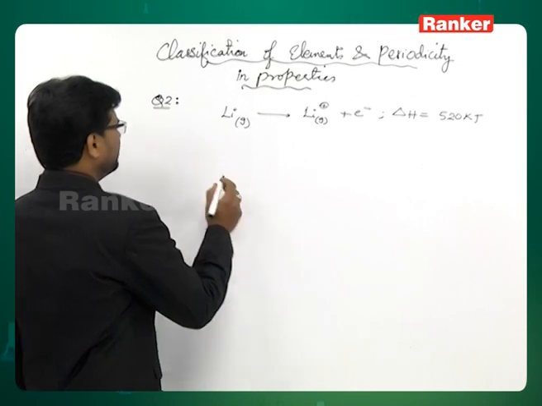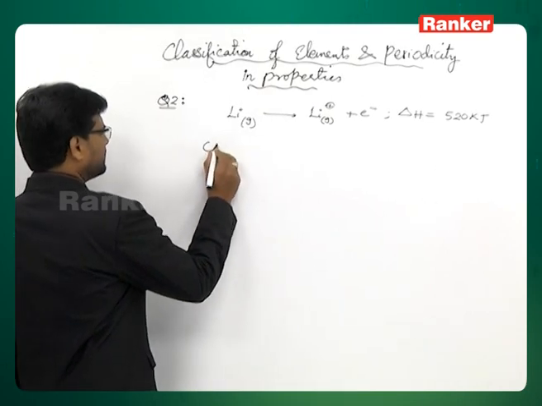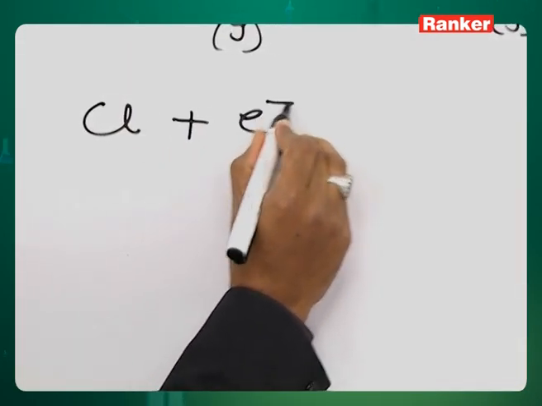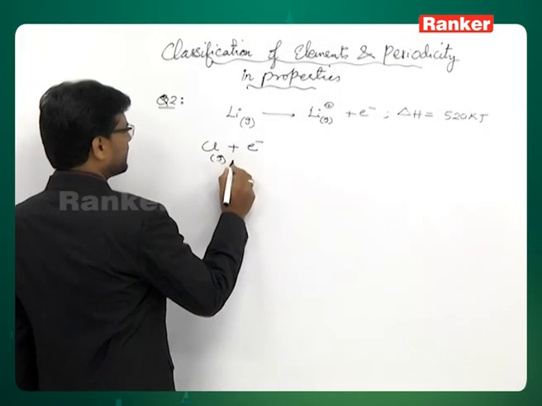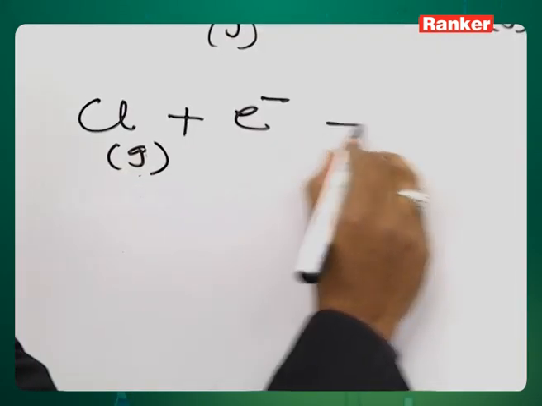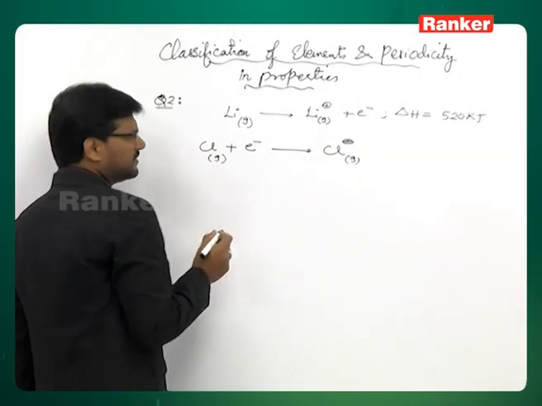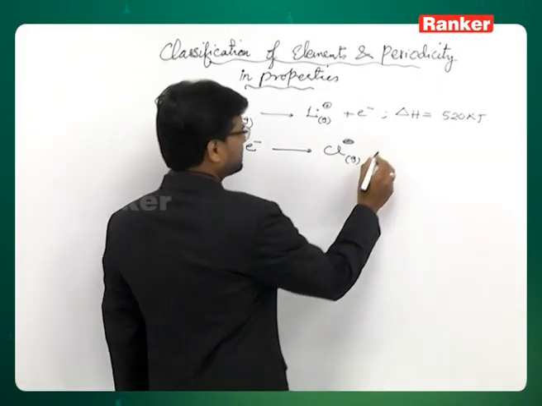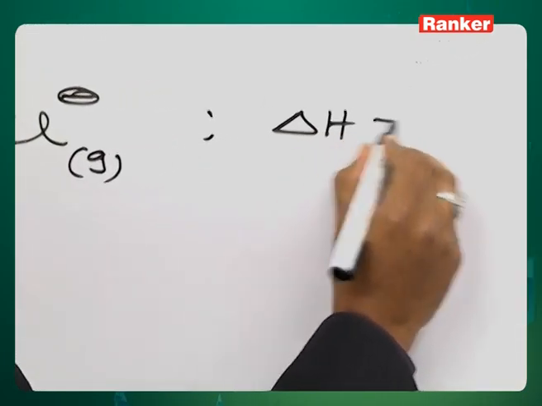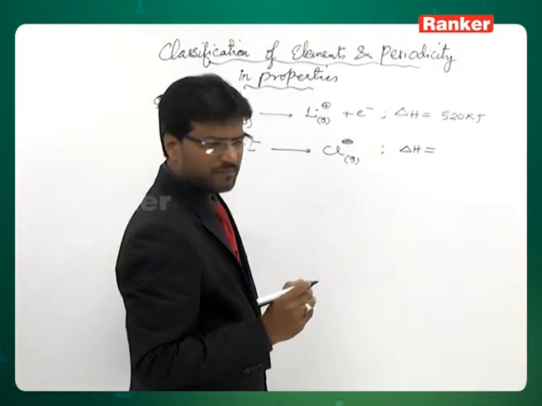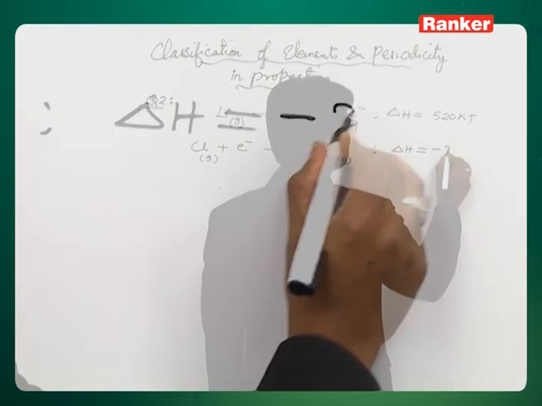Now, the next thermochemical equation is the electron gain enthalpy of chlorine. Cl gas picks up the electron and gives rise to Cl minus gas, and the delta H for this process is given as minus 350 kilojoules.